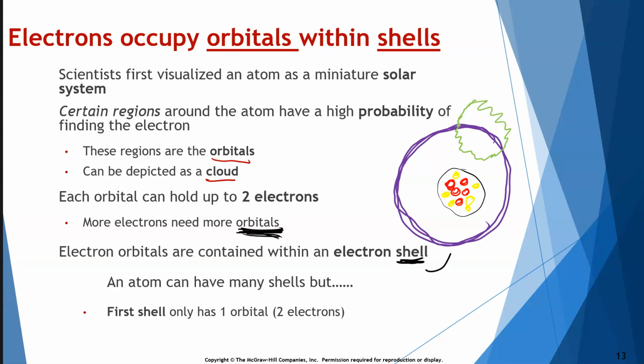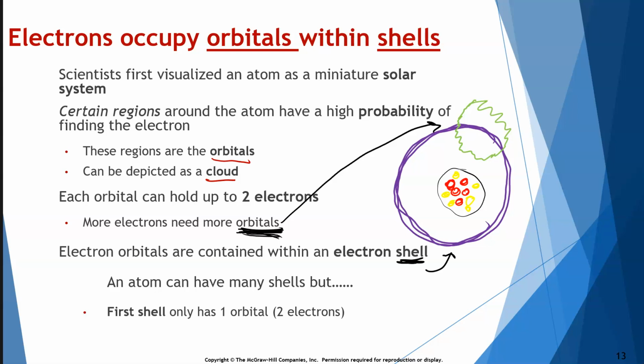In this case, the purple line is the shell, while the green cloud is the orbital. The purple line, the big circle around our nucleus, is the shell. That's the racetrack, for lack of better words. And those pit stops, those little clouds, we call the orbitals.